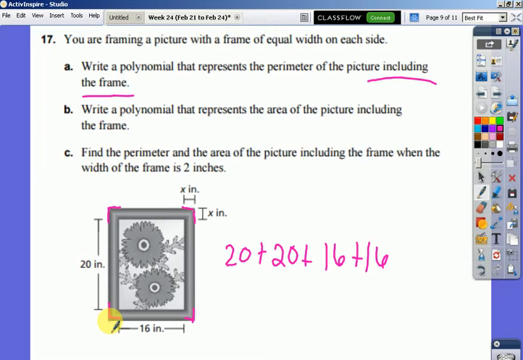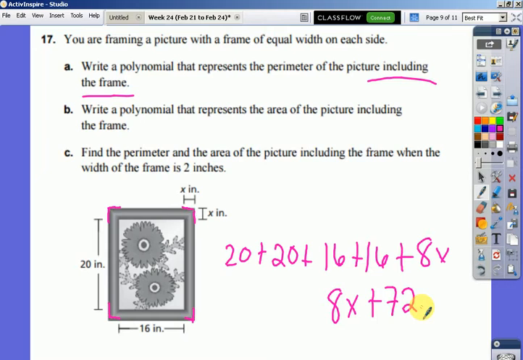All these corners make those x's. So that's 1, 2, 3, 4, 5, 6, 7, 8. So I have to add 8x. Does that make sense? Yes? No? Okay. Good ACT question, or SAT. I took the ACT in the Midwest, so I think you guys took the SAT more often here. So 8x plus 72 is my polynomial that represents the perimeter.